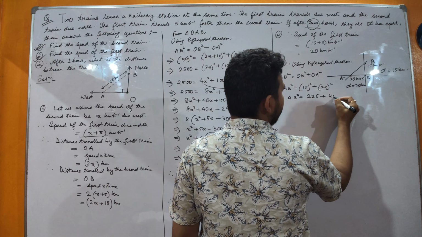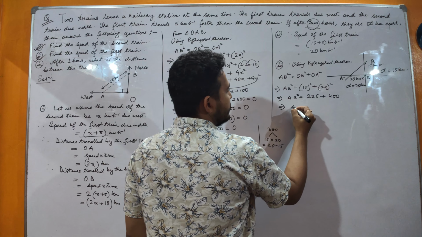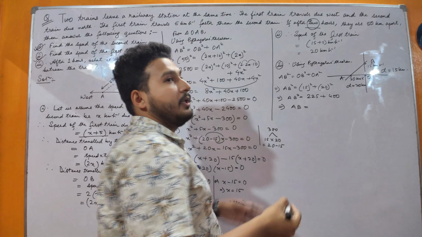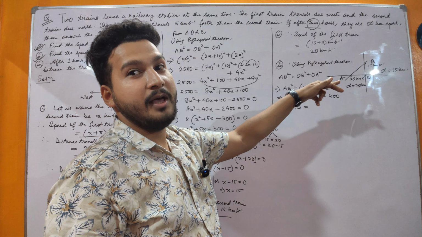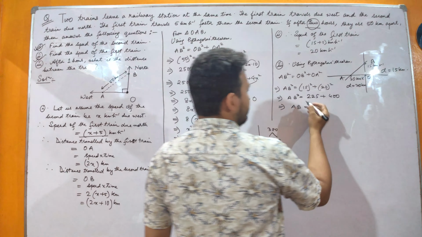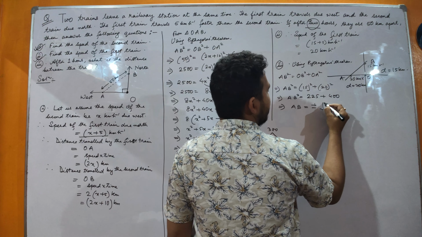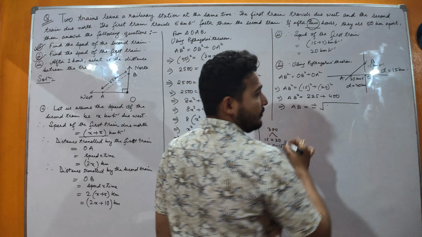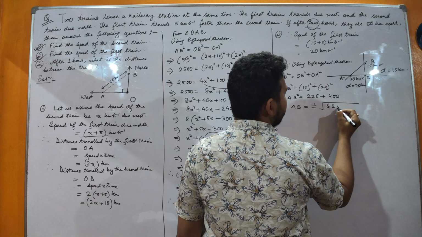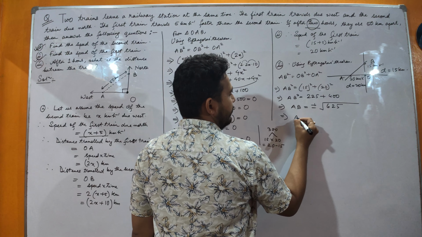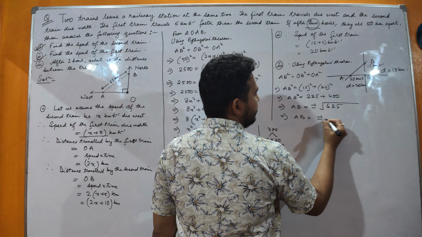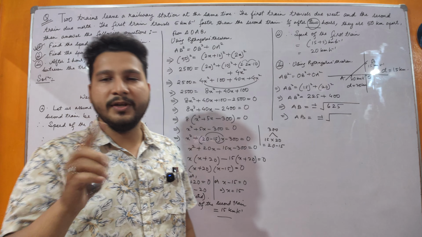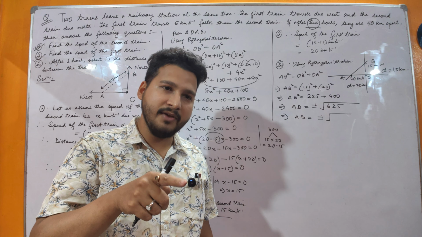So AB is equal to plus minus root over 225 plus 400. That's 625. Of course we know 25 times 25 gives 625.